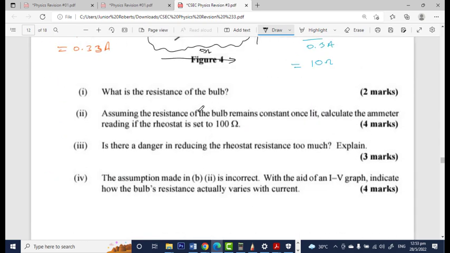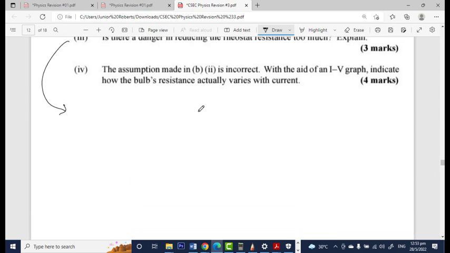So let me put that in words now. What we can say is that the rheostat being at 0 ohms will cause a short circuit.